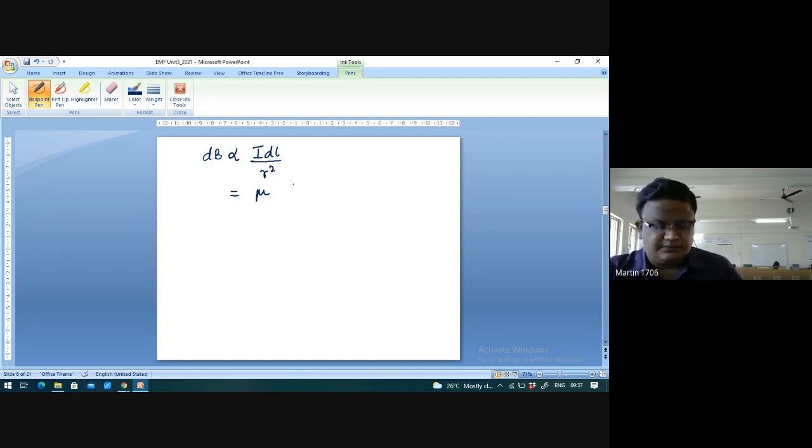Here mu divided by 4 pi, where 4 pi comes in the denominator, times IDL over r square, for one single point. You can also mention a unit vector, a, the unit vector.